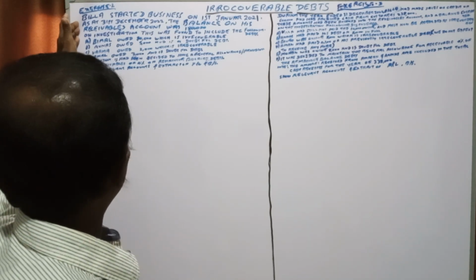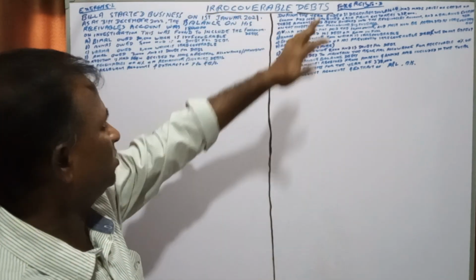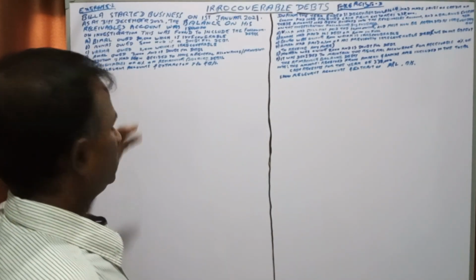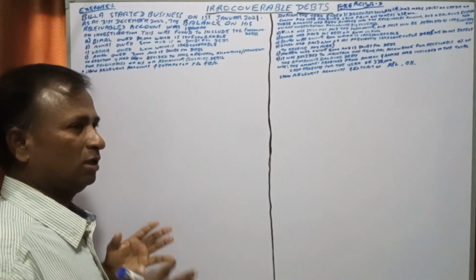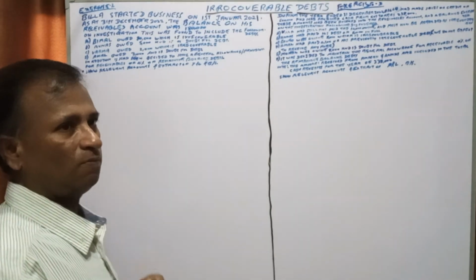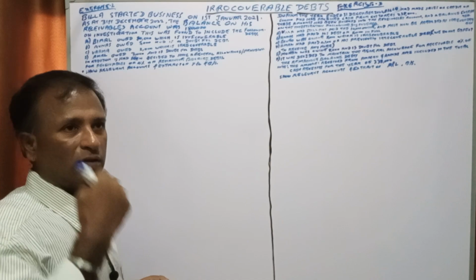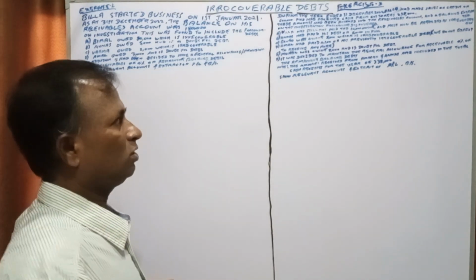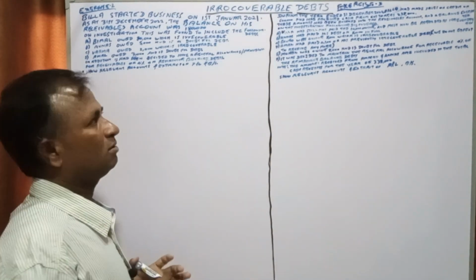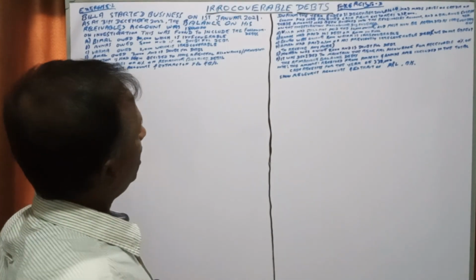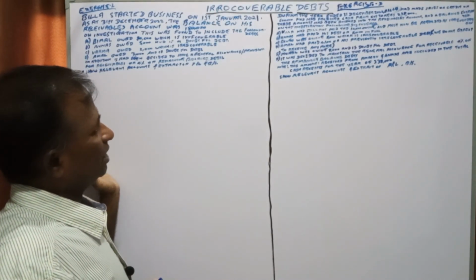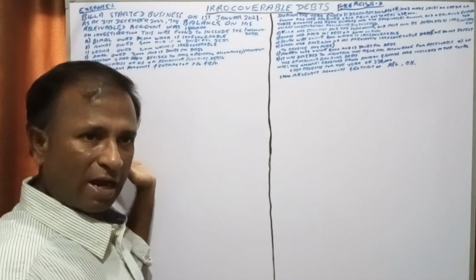So we are doing the irrecoverable bad debts. The relevant accounts are accounts receivable, allowance or provision for bad debts, and irrecoverable bad debts.